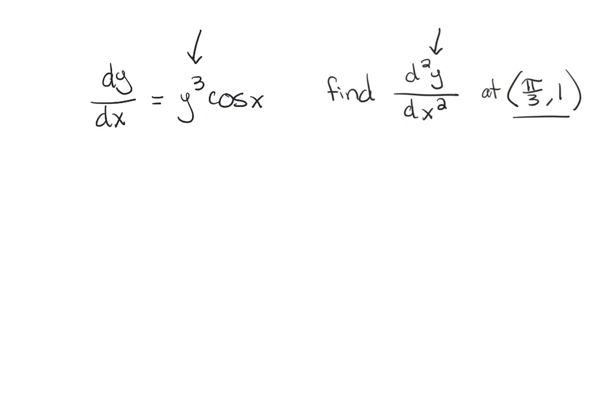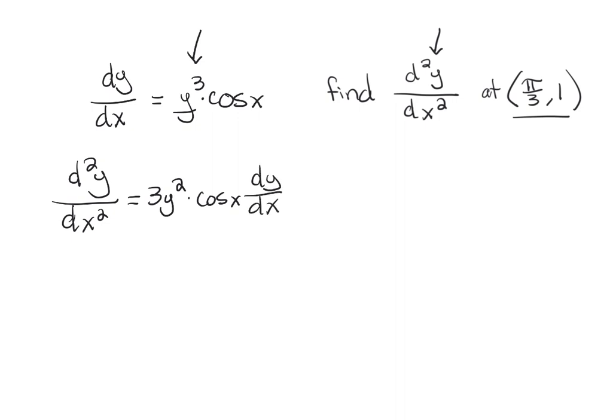Okay, so it's implicit, and I have the product rule. So the second derivative: the derivative of the first is 3y squared times the second, cosine x, add in my dy/dx, plus the first times the derivative of the second, which is negative sine x. Now remember, when we're taking the second derivative of an implicit equation, we have the dy/dx in there.